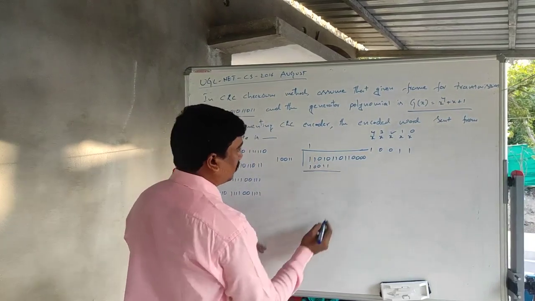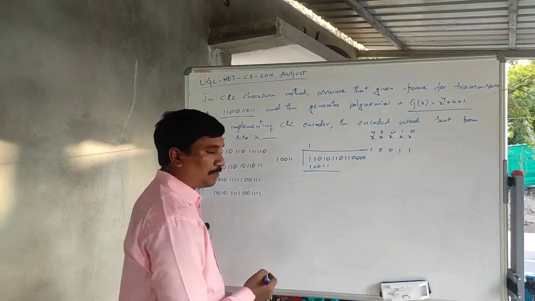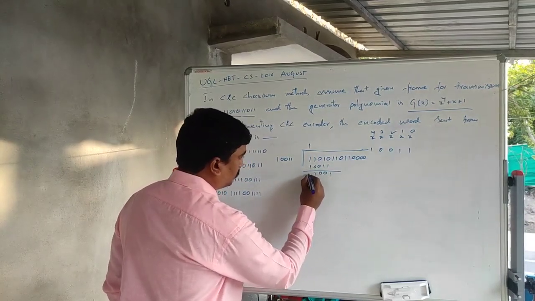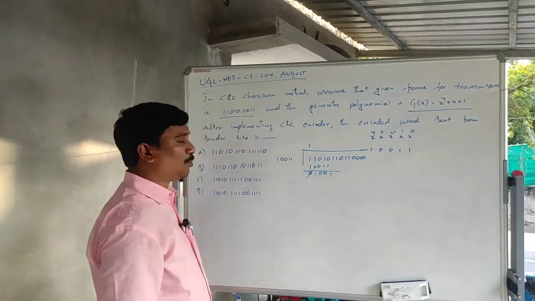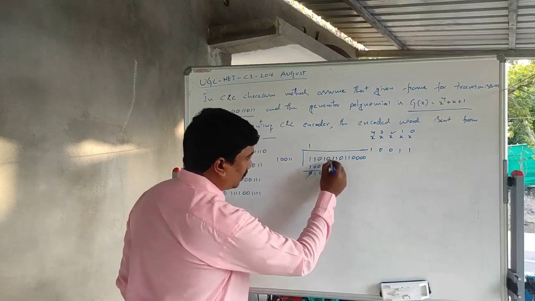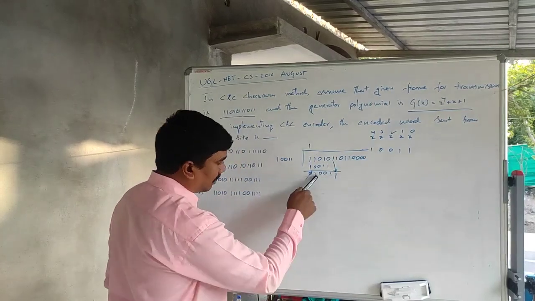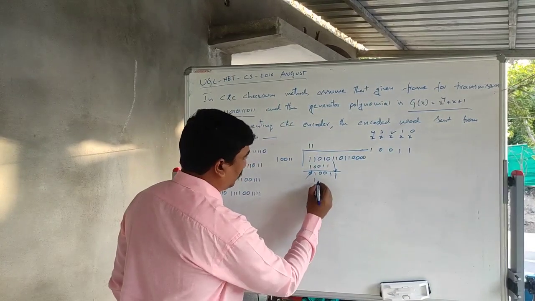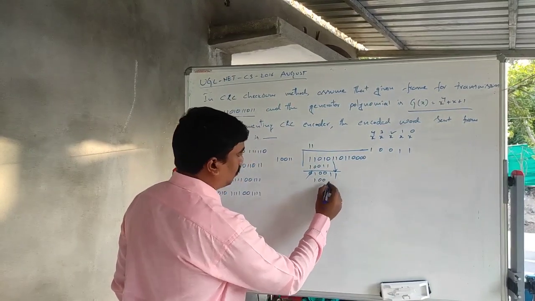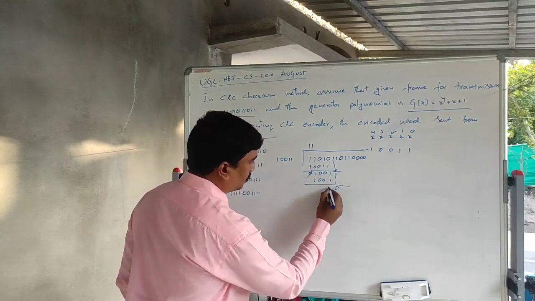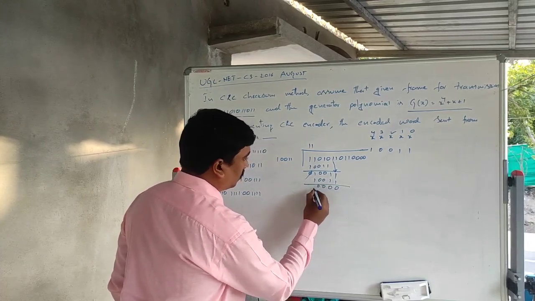10011. So apply XOR operator or subtraction here. 1 0 0 1 0. Cancel the leftmost bit, and put it down 1 bit. The bit should be 1 here. So leftmost should be 1 and 10011, right? 0 0 0 0 0.